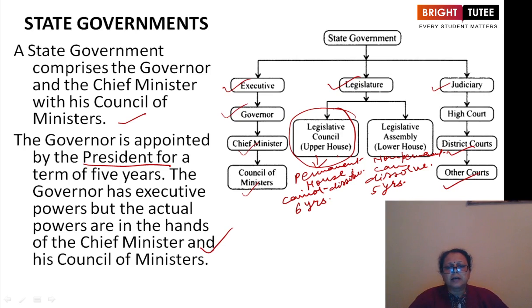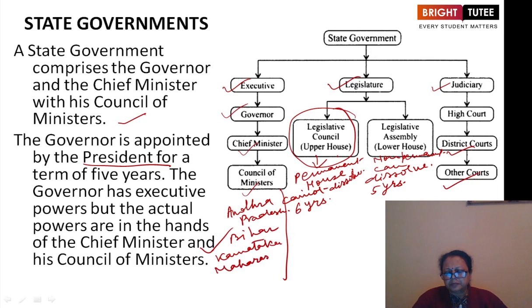Legislative councils are available only in 6 states of our country. First of all, it is there in Andhra Pradesh. Then followed by Bihar, Jharkhand, Karnataka, Maharashtra, Telangana, Uttar Pradesh.